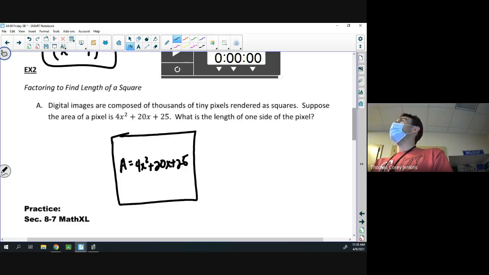What is a key word you think hidden in the problem somewhere that tells me that this is a perfect square trinomial? Yeah. I feel like her word is one side of the pixel because that's going to tell you to factor. That's a good thing. But what do you think is a key word that tells you it's specifically a perfect square trinomial? What's a word in the prompt or even in the example description? Squares.